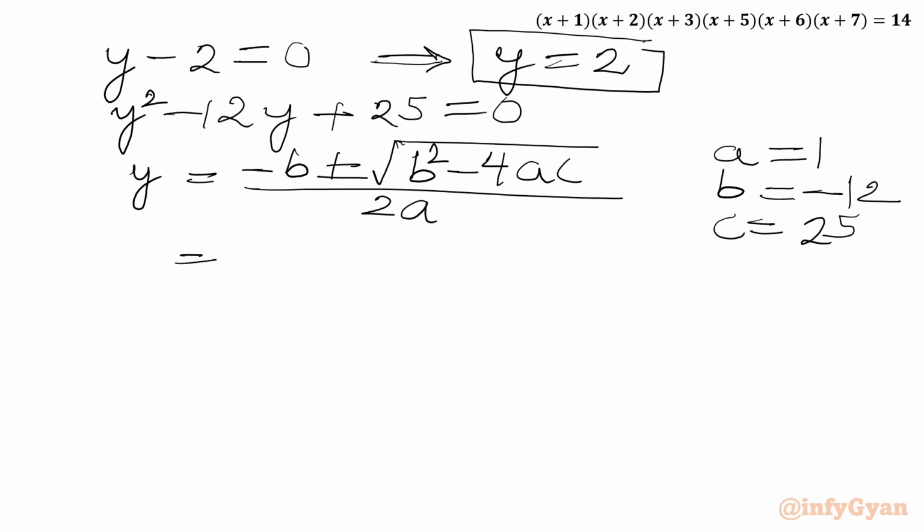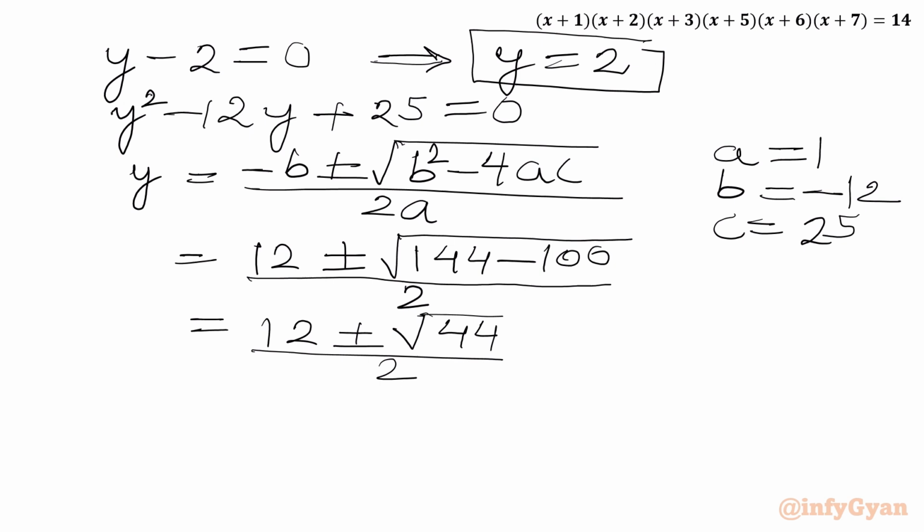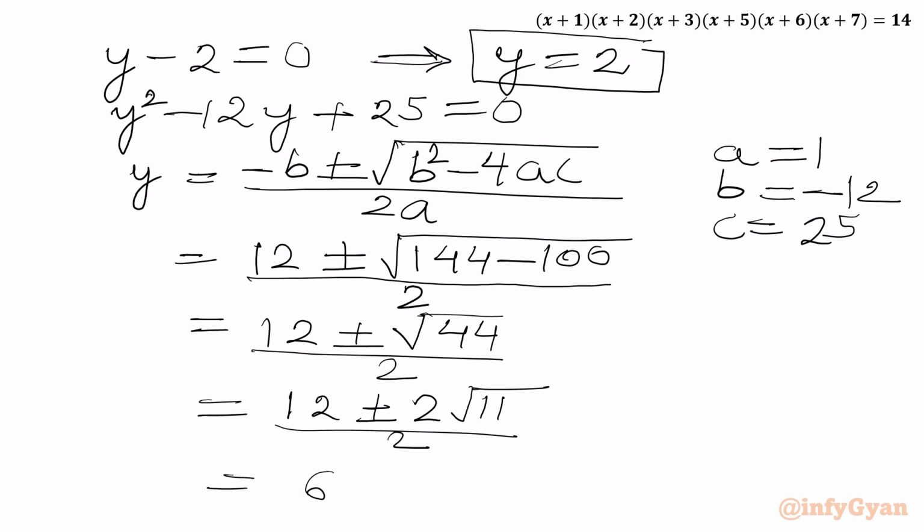So we will get 12 plus minus the square root of minus 12 square is 144 minus 4 times 1 times 25, so minus 100, over 2 times 1, 2. So I can write 12 plus minus square root 44 over 2, which will be equal to 12 plus minus 2 root 11 over 2, or we can write 6 plus minus square root 11.